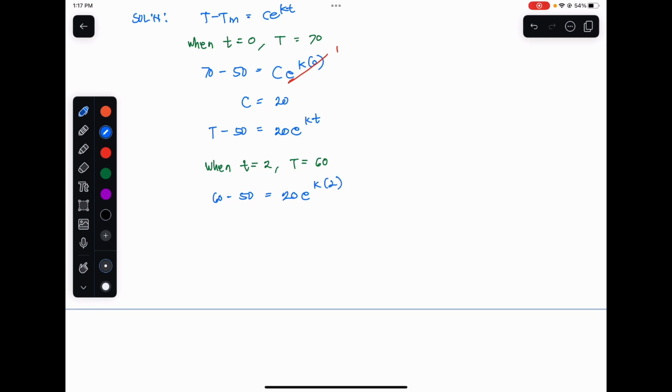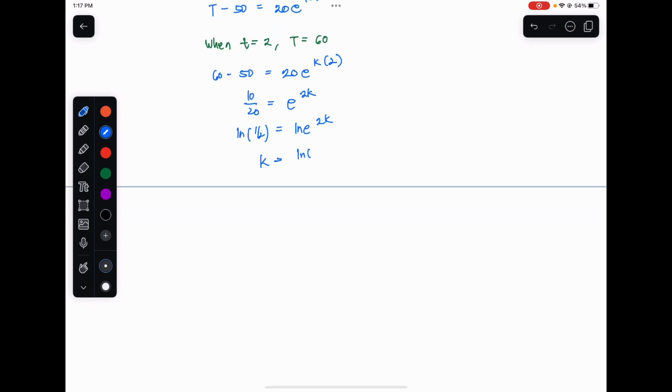So this is 10 over 20 is equal to e raised to 2K. So ln of 1/2 is equal to ln of e^(2K). So K is equivalent to ln of 1/2 divided by 2. Our final working equation would be T minus 50 is equal to 20 e raised to t times ln of 1/2 all over 2.